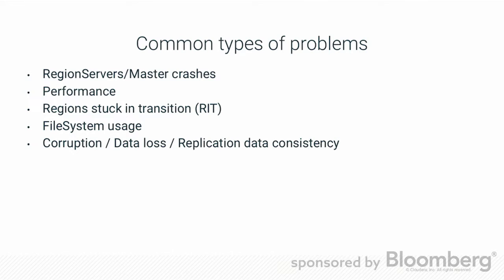Talking about what these common types of problems are, taking a report from our support tickets database, we could classify them as one of 5 main topics. The first one, region server or master crashes, roughly relates to 20% of our support tickets.